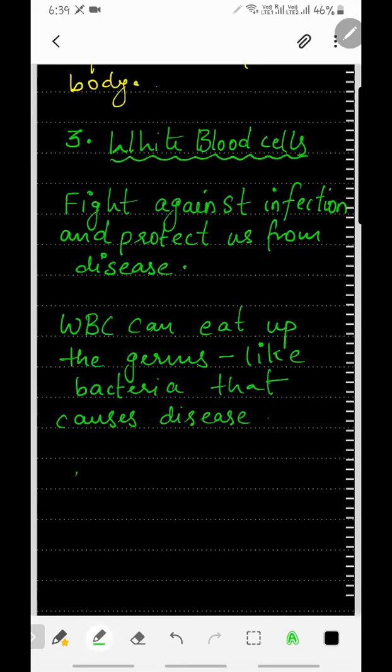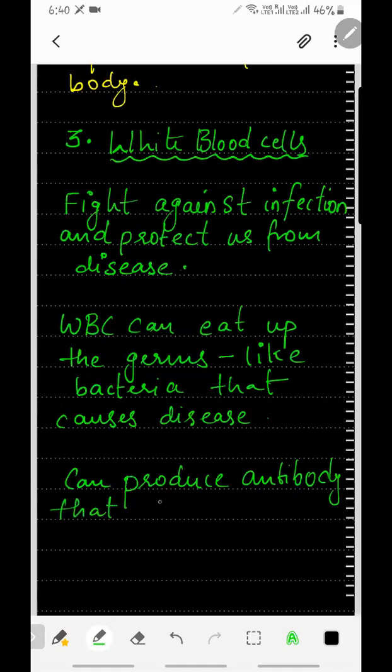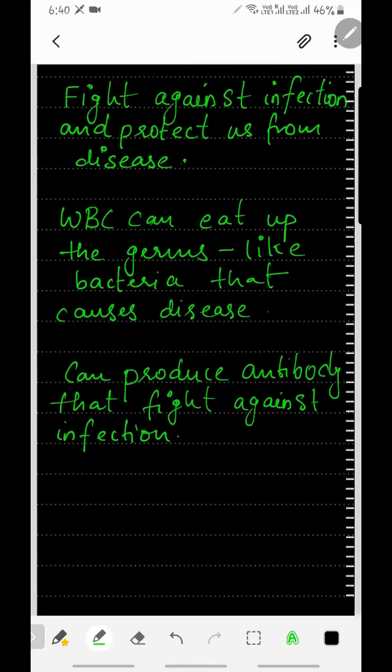WBC can produce antibodies, and these antibodies fight against infection.